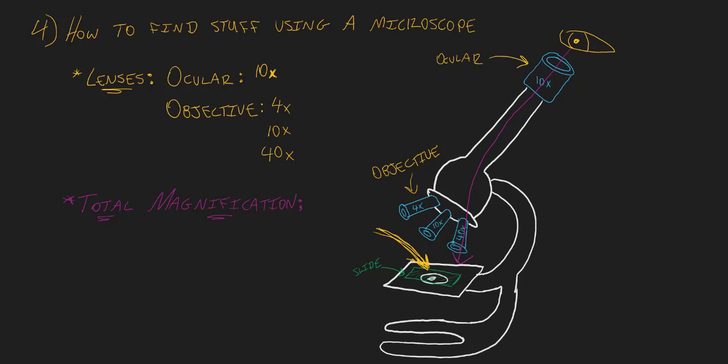Now, how do you deal with these numbers? Do you add them together to get your total magnification? Do you divide them, multiply them? The answer is you multiply. To determine what the total magnification is of the image you're seeing, you multiply the value of your ocular lens by the value of your objective lens.